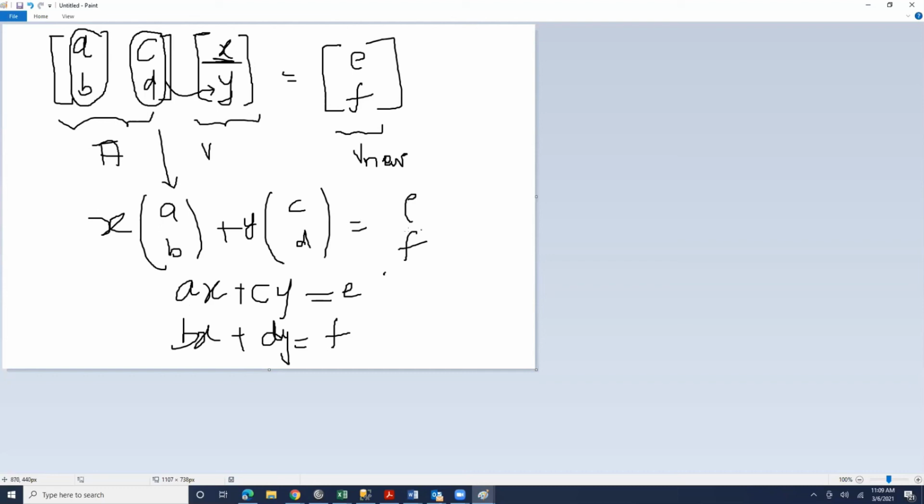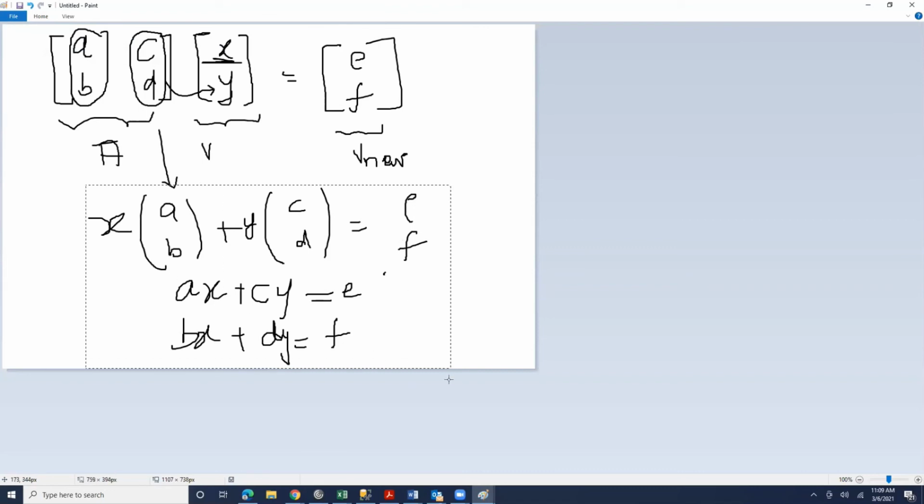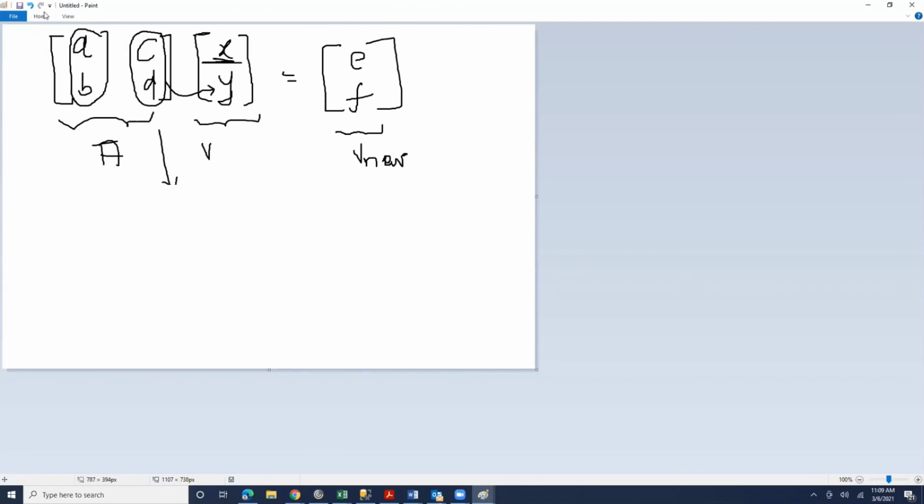Okay, cool. Now let's see matrix multiplication. This is matrix A. What if I took a paper, rotated, stretched, whatever?